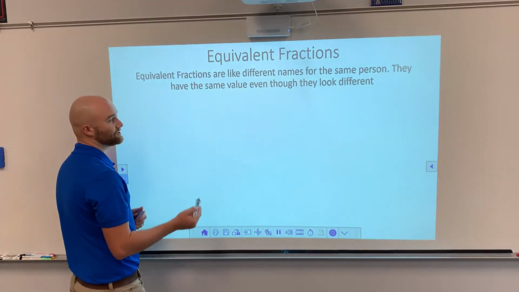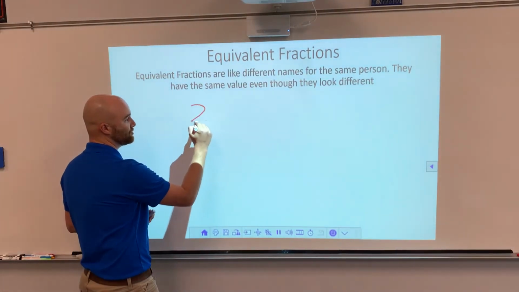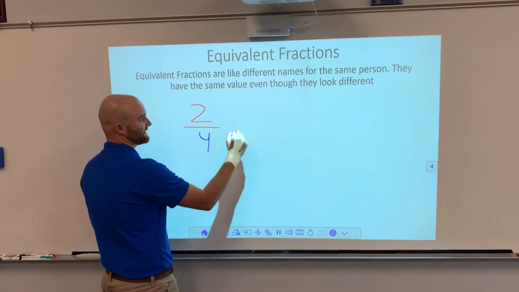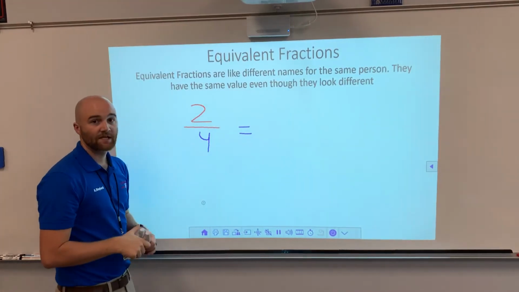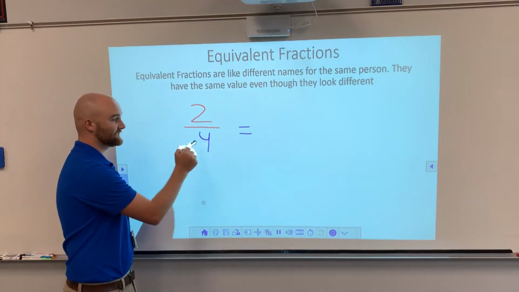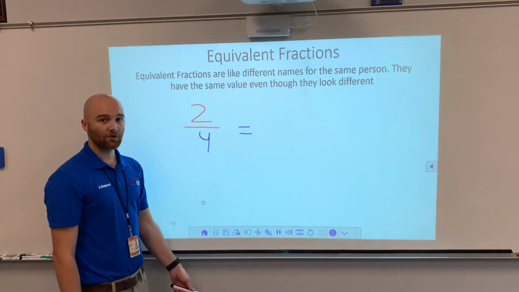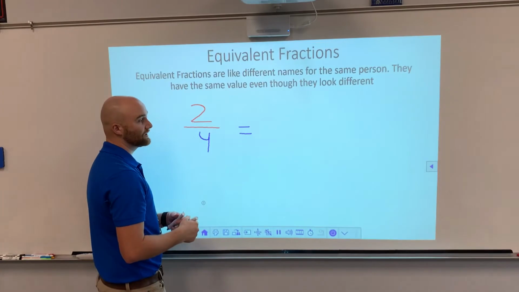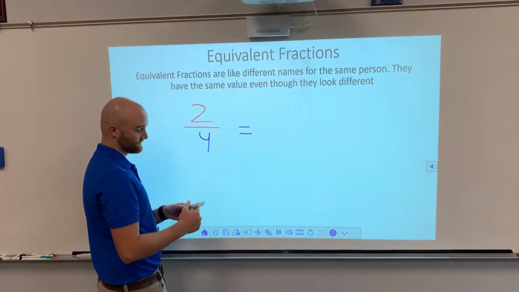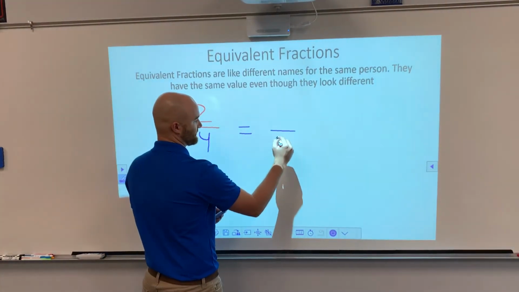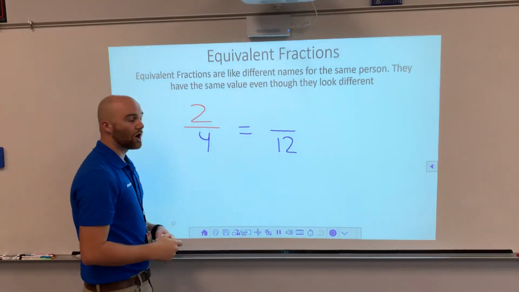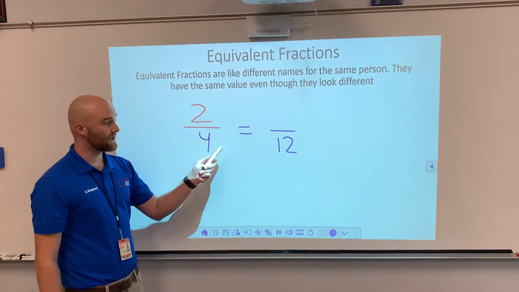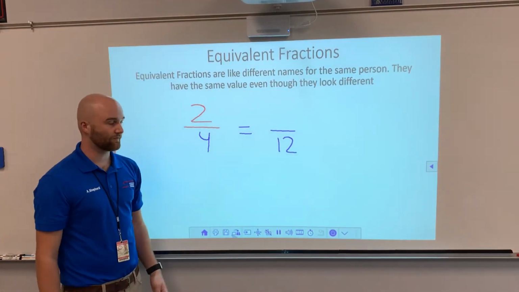If I wanted to change the number 2/4 into something different, if I wanted to change this, instead of having fourths, I wanted to call it by a different name, and I wanted to change this into, let's go with 12ths. All I have to do is figure out what could I do to this 4 to make it into a 12?